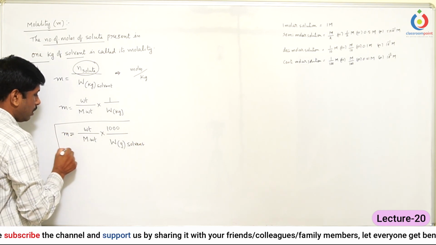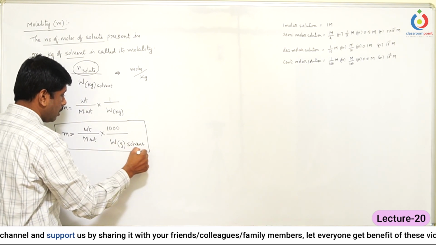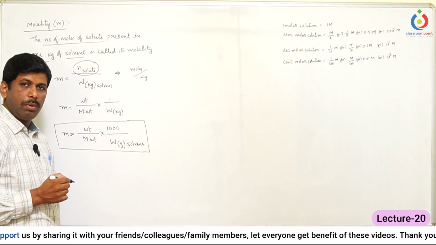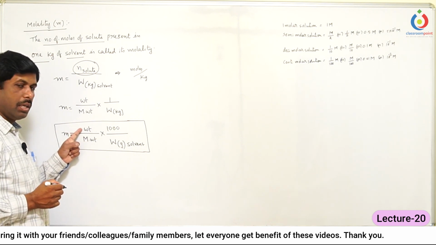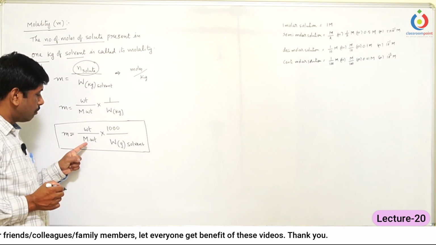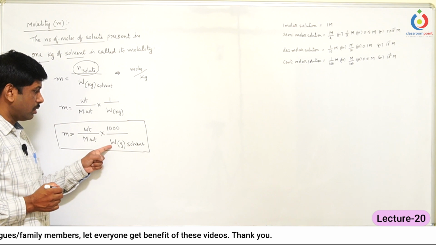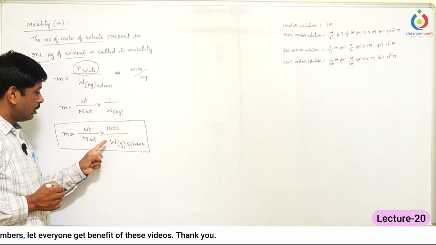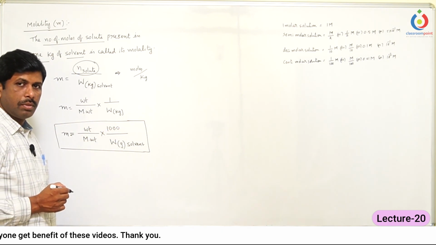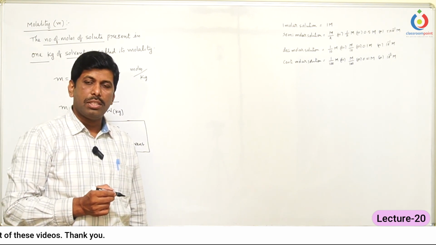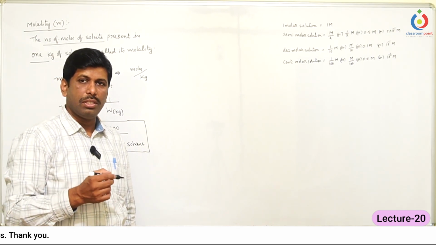If we observe the terms involved in the formula of molality: weight of solute, molecular mass, mass of the solvent, and a constant value. All these are mass terms. Mass does not change with the change of temperature, but volume changes.